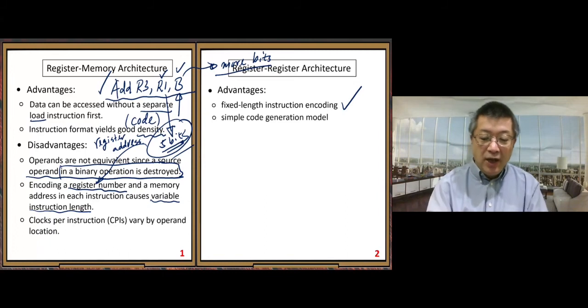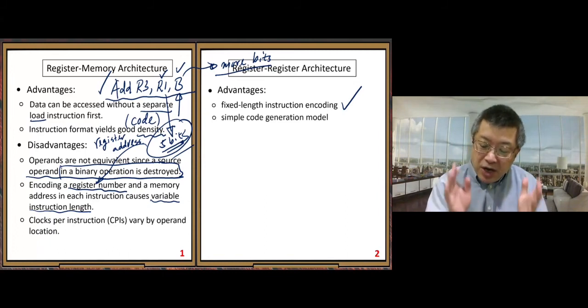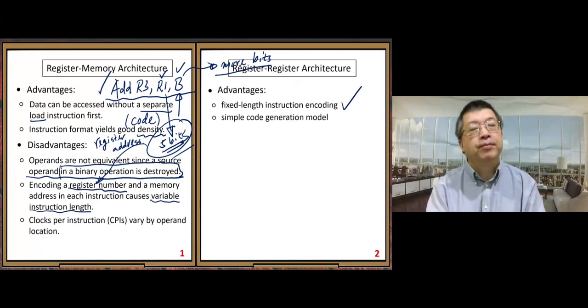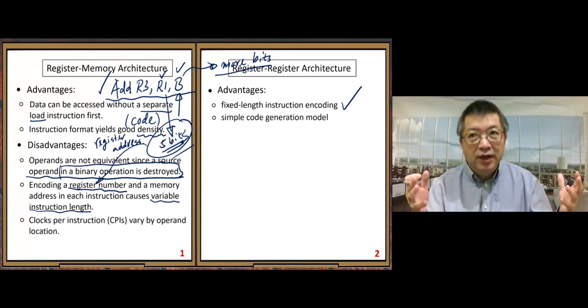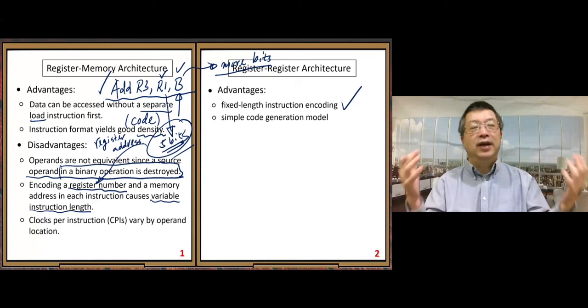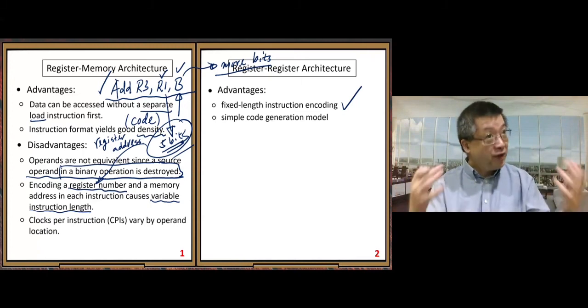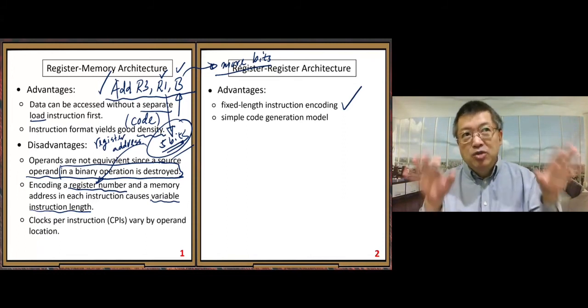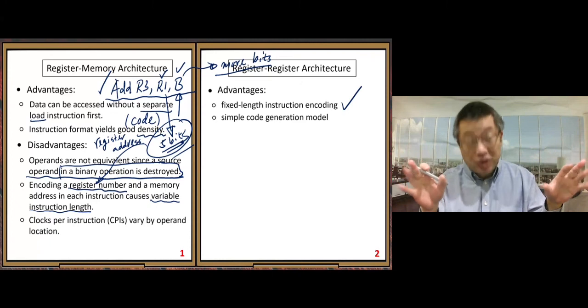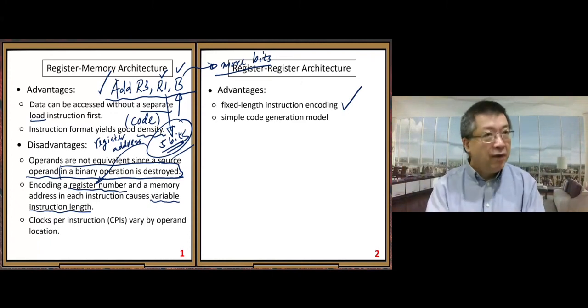All right, simple code generation model. Relatively simpler, right? It is simplified. First, fixed length is simpler than the variable length. Then a smaller number of addressing modes also makes it simpler. So a lot of things make this architecture simpler.